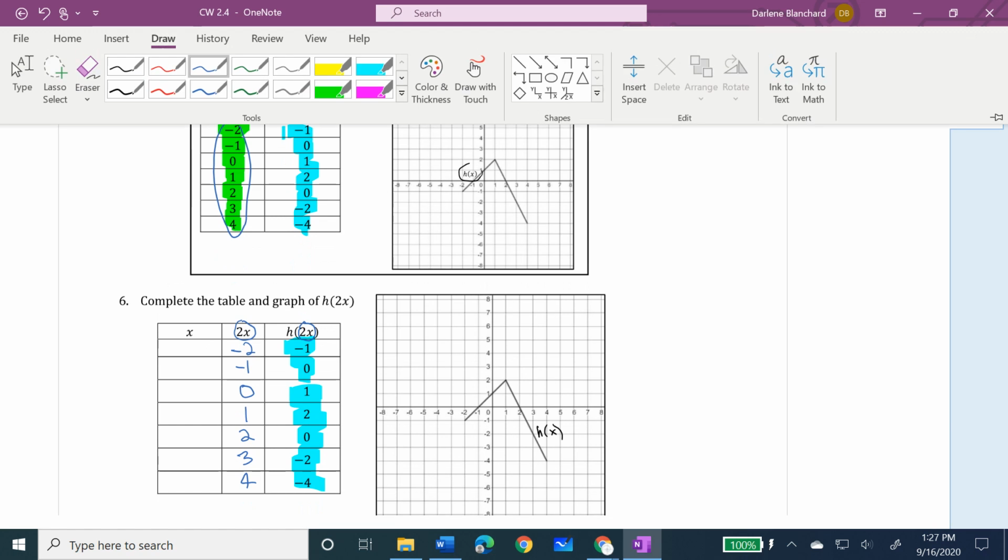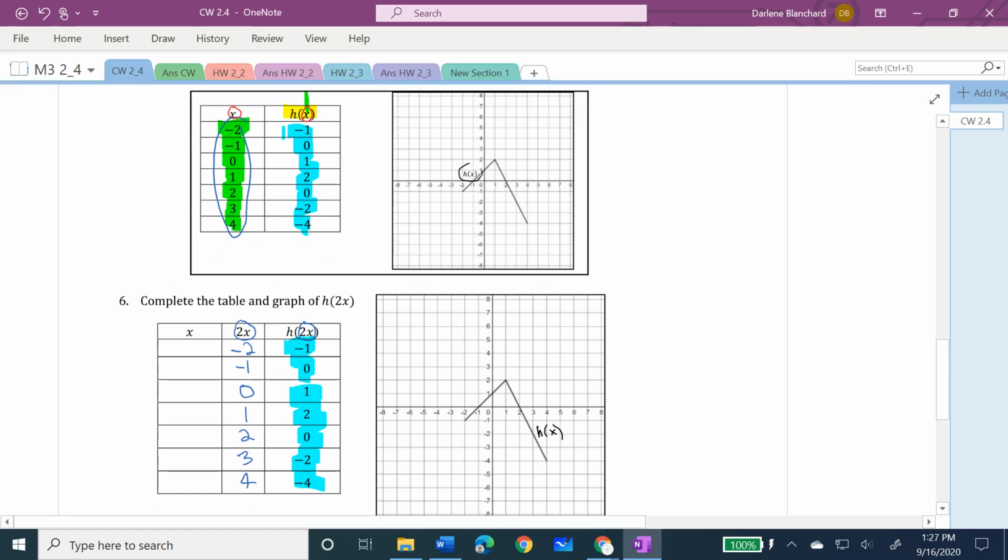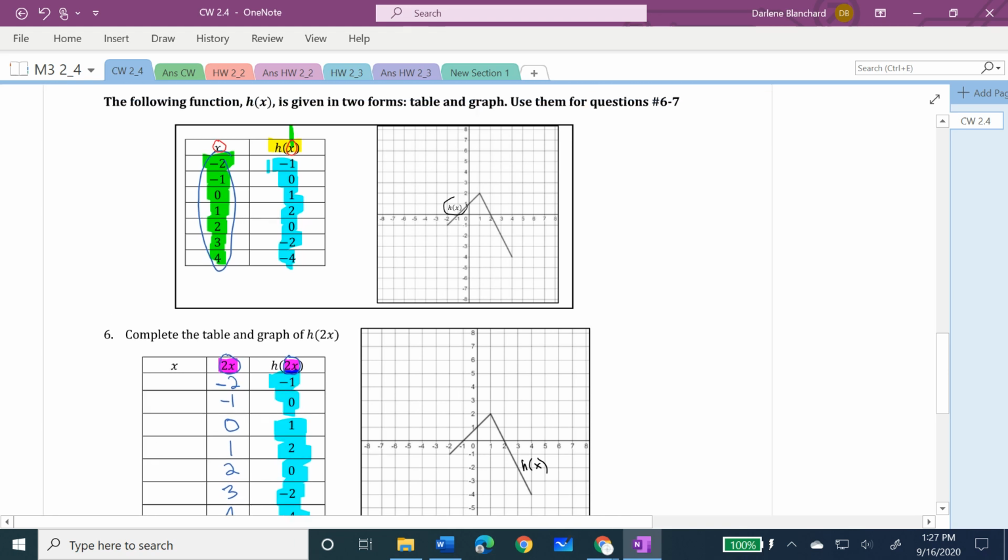Because let me go to my draw, and I'm going to do this. I highlighted both of those two x's. I'm now highlighting those two original x's.